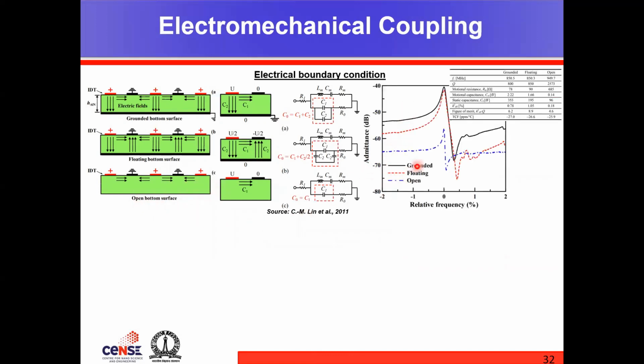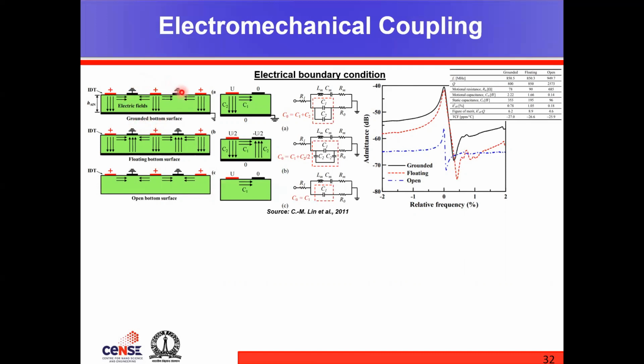And you see that for these three electrical boundary condition differences, the device performance changes vastly. For the case where there's an open bottom surface, the quality factor is high because there's no metal involved at the bottom, but the coupling coefficient is low. On the contrary, the Lamb wave resonator with a floating bottom electrode has a higher coupling coefficient.